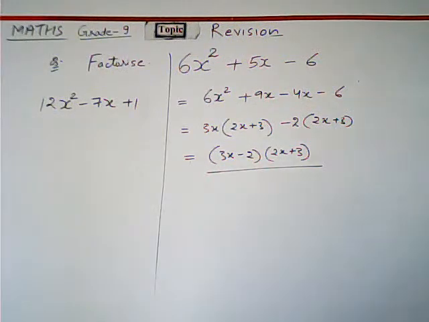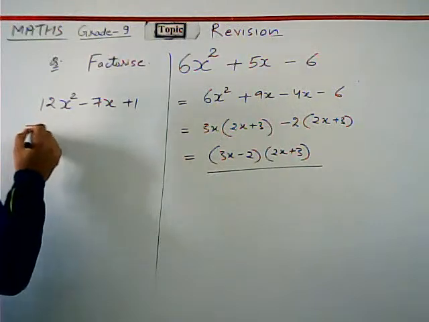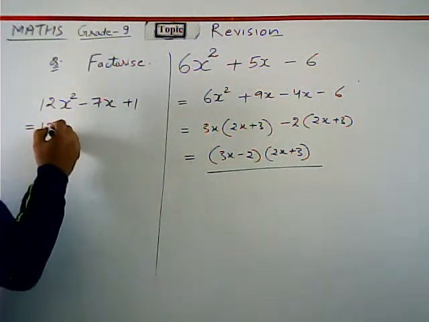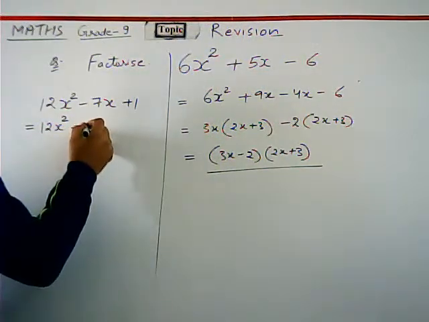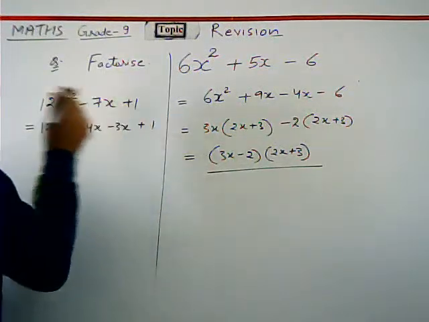And in this one, we have minus and plus, right? 12x^2, 4 and 3, minus 4x minus 3x plus 1.